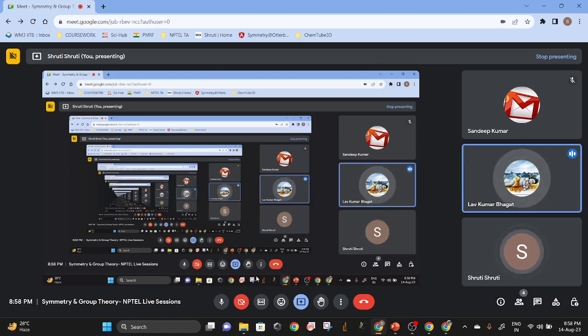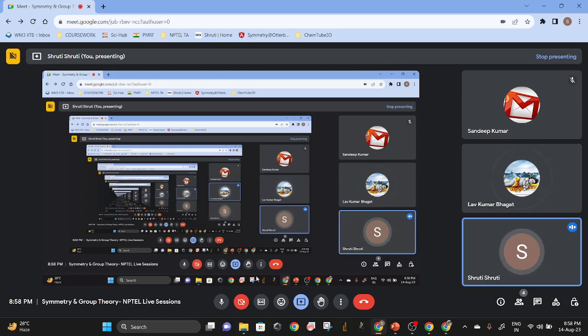And the character table is derived on the basis of the symmetry of a group, and it represents what transformation the properties of elements will undergo on applying any operation.